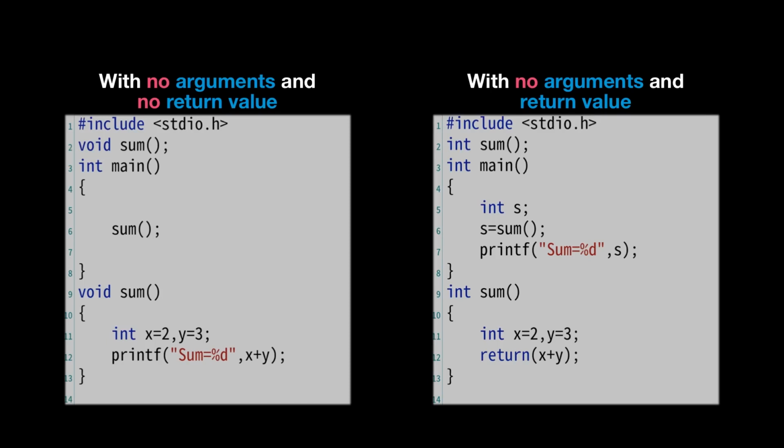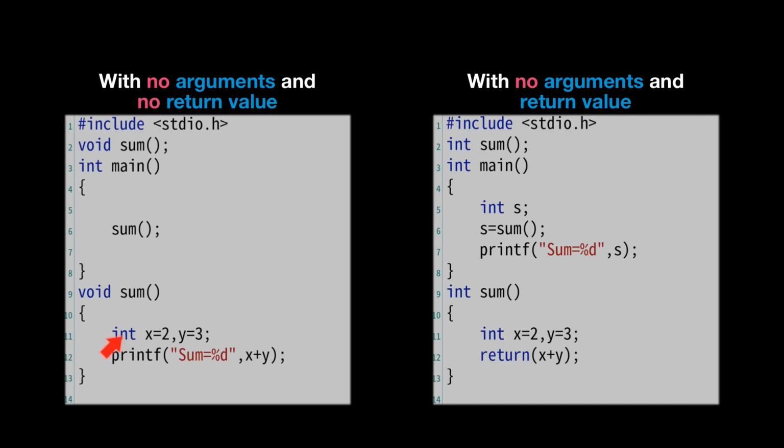Now let us see how this program works. When we execute this program, the first line to execute is the first line inside the main function, which is the function call sum. When the function is called, the control transfers to the function body of sum.